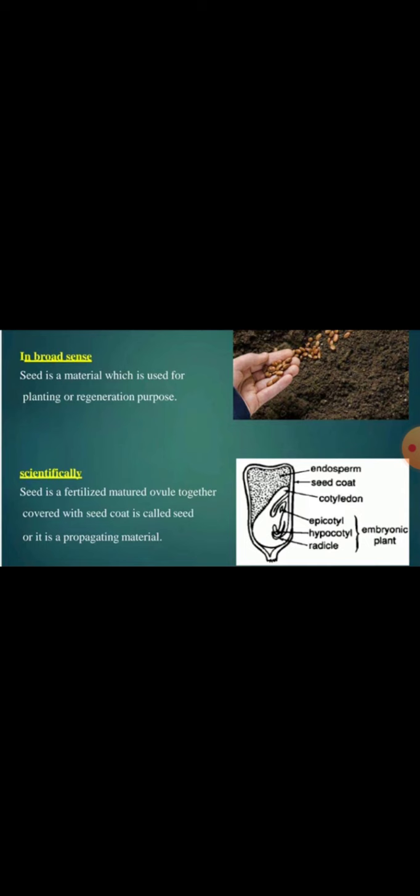There is also one term related to the seed coat, that is seed dormancy. What is seed dormancy? Seed dormancy is a condition when the plant fails to germinate due to its hard seed coat.